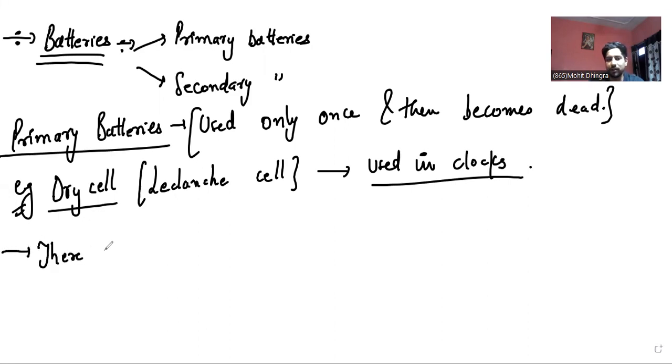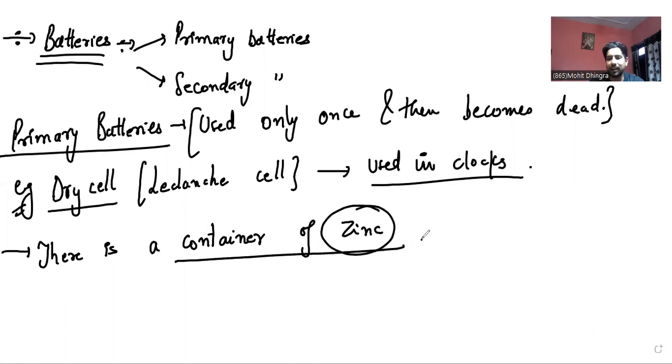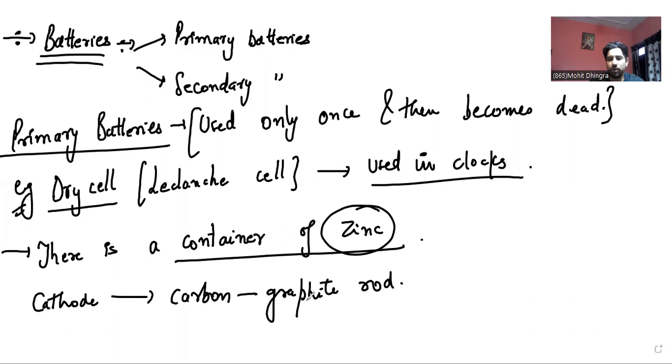The cathode is made up of carbon, that is, a graphite rod, while the anode is made up of zinc.